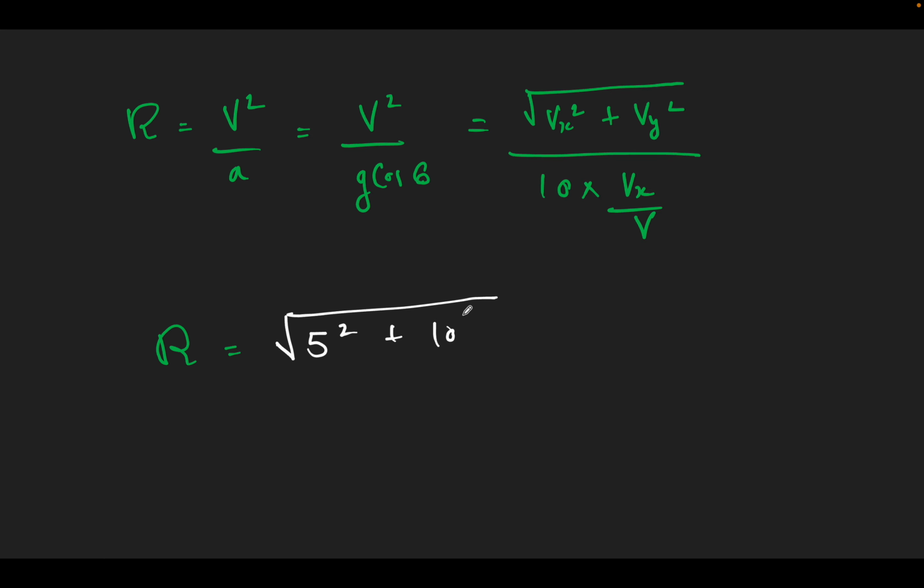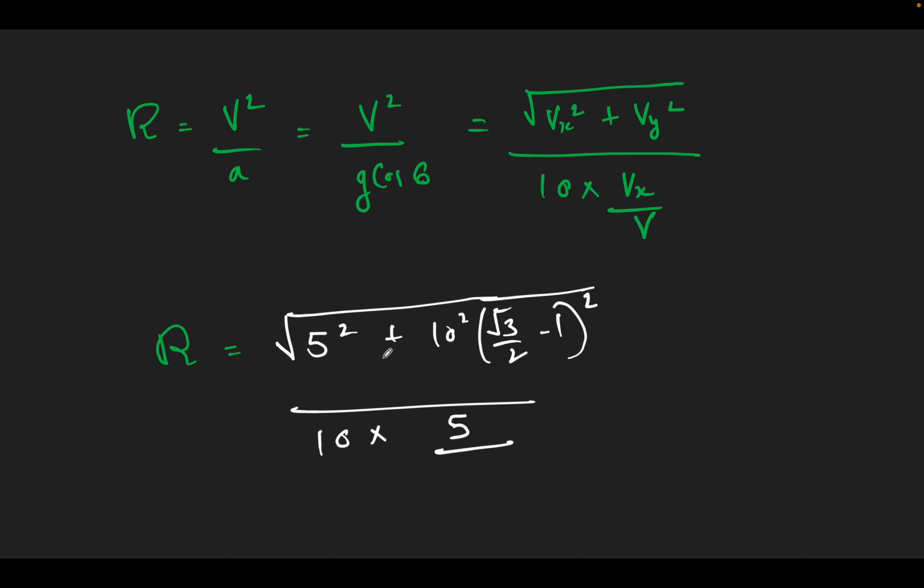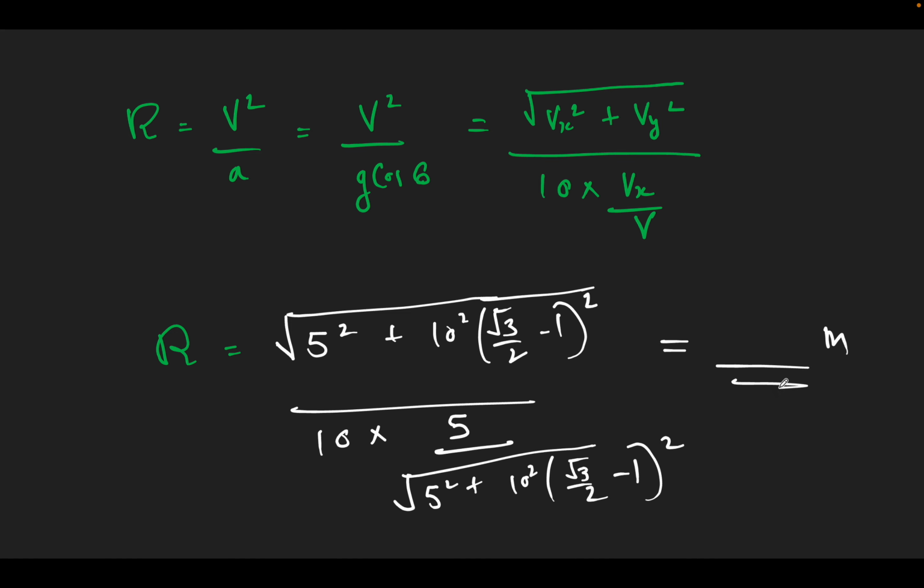So 10 square into root 3 by 2 minus 1 the whole square, divided by 10 into Vx, which is 5, divided by V. V is again square root of 5 square plus 10 square into root 3 by 2 minus 1 the whole square. That will give you the radius in meters. If you solve it, it will come out to be roughly around 2.8.